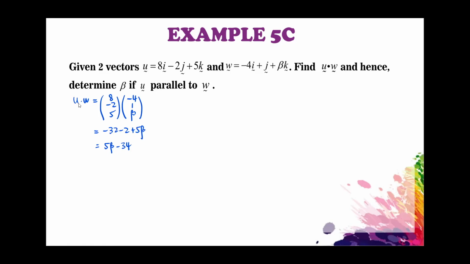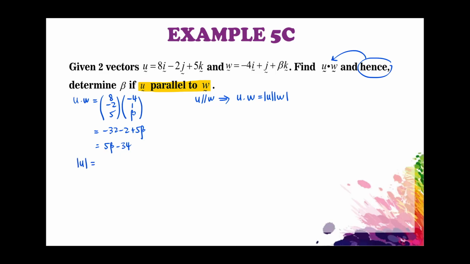And then it said that hence, it means you have to use the previous part, which is your scalar product, in order to determine the beta value given U is parallel to W. So by the property of scalar product number 6, U parallel to W will be represented by U dot W equal to magnitude U times magnitude W. The dot product of U and W, we already found. Now you have to find the magnitude of U and W before we proceed to the next part.